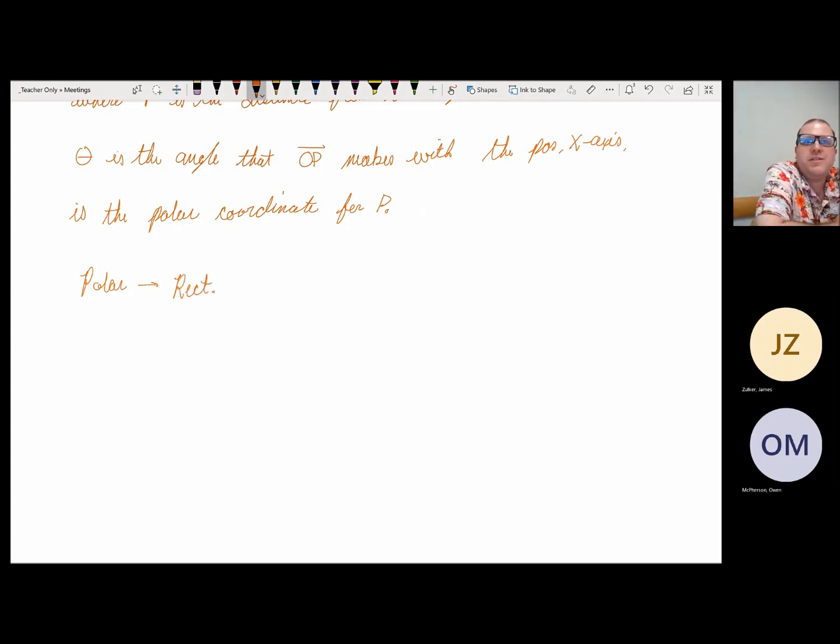How are you going to convert from polar to rectangular? Rectangular is just also referred to as Cartesian. So that's the xy. Those are your conversions, polar to rectangular. Derivation is in the video, but it's not too hard to see.